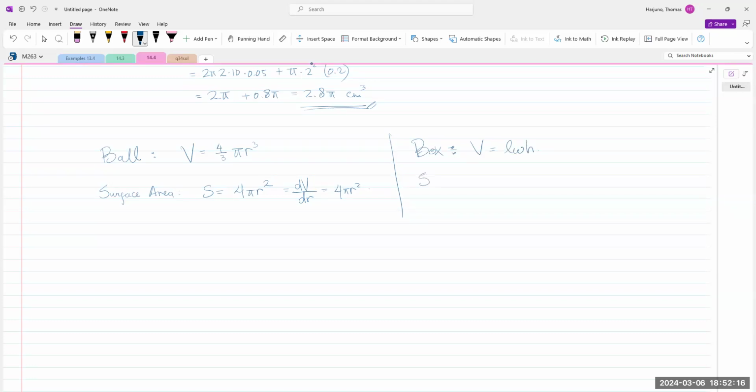So the surface area will be the derivative with respect to the length. It's WH dL plus derivative with respect to W, LH dW plus derivative with respect to H will be LW dH.